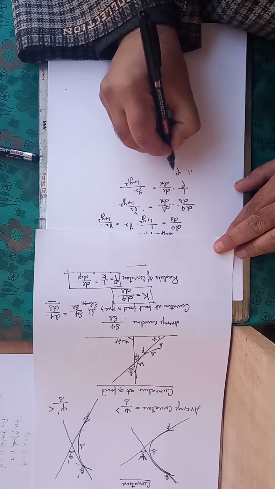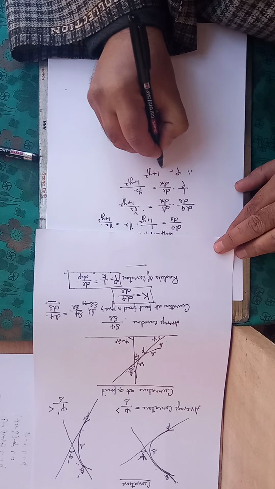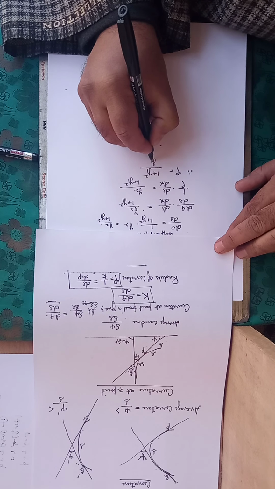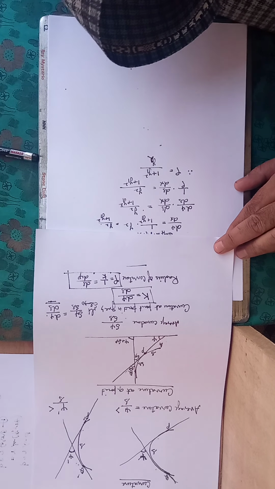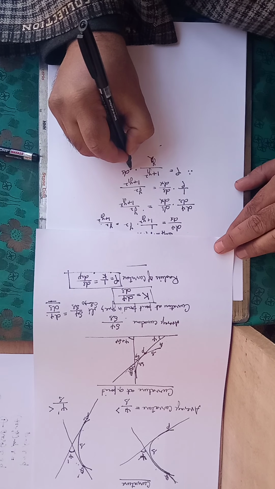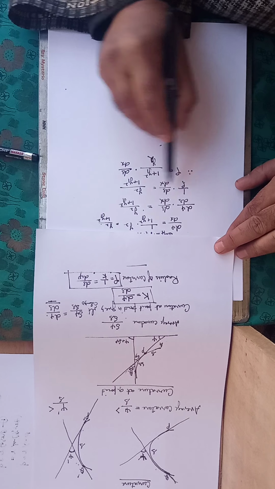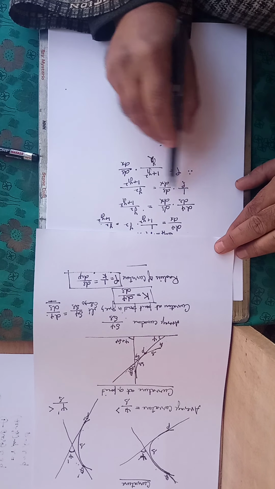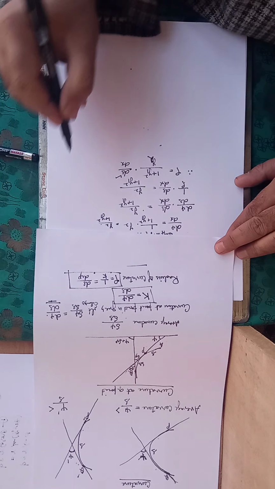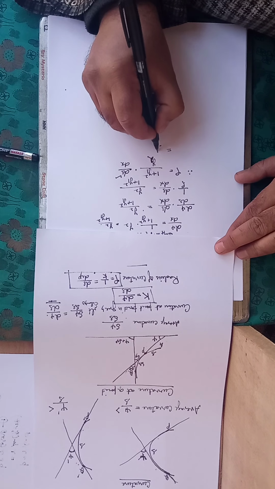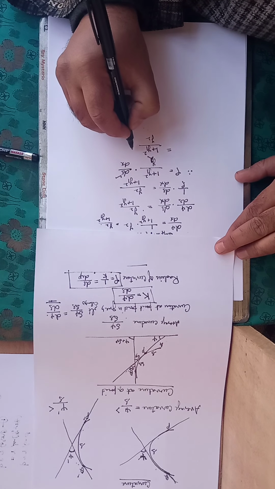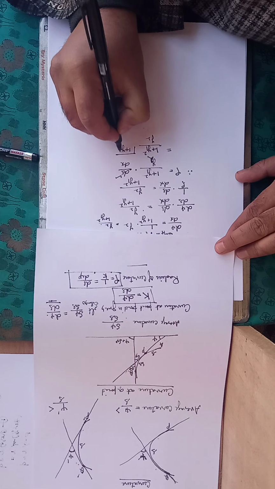Therefore rho is (1 plus y1 square) upon y2 times ds by dx. Now what is ds by dx? Rho is 1 plus y1 square upon y2 times ds by dx, and ds by dx is under root of 1 plus y1 square.